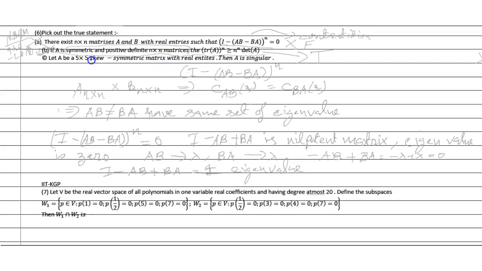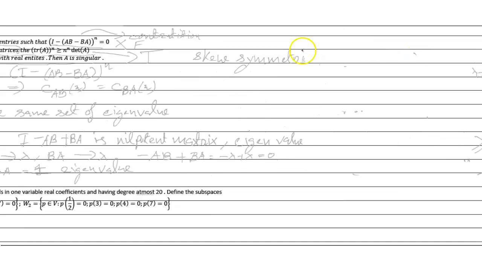And this portion is: a 5 cross 5 skew symmetric matrix with real entries, then is A singular or not. Skew symmetric matrix eigenvalue is 0, otherwise purely imaginary.